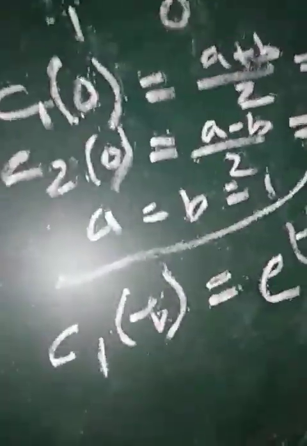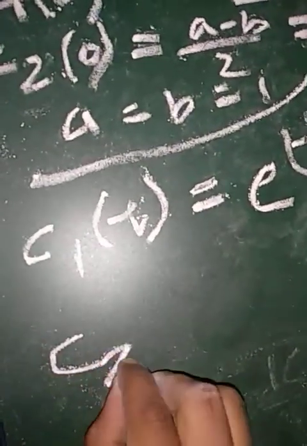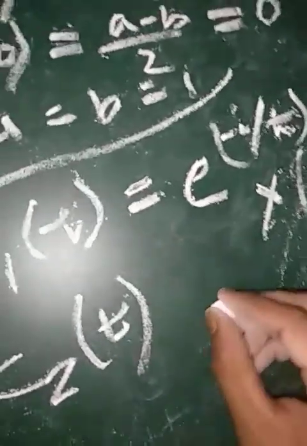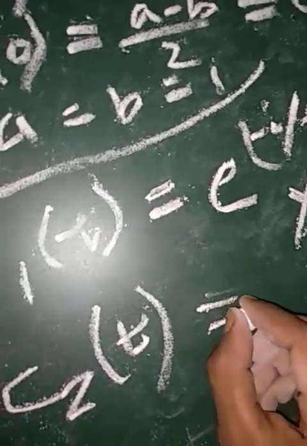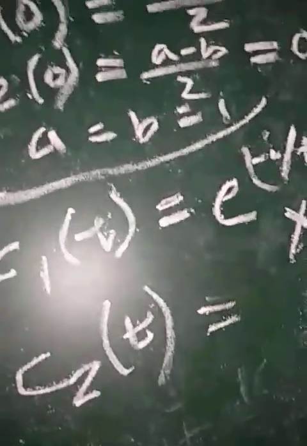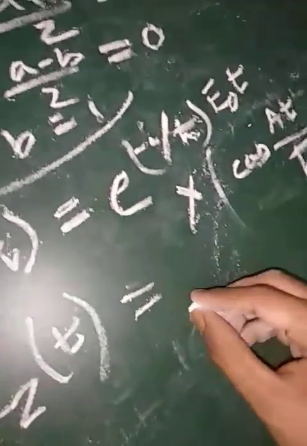Similarly, C2(t) is the thing which you require, that is, the probability of finding the ammonia molecule in state 2 given that it was in state 1 at time 0.